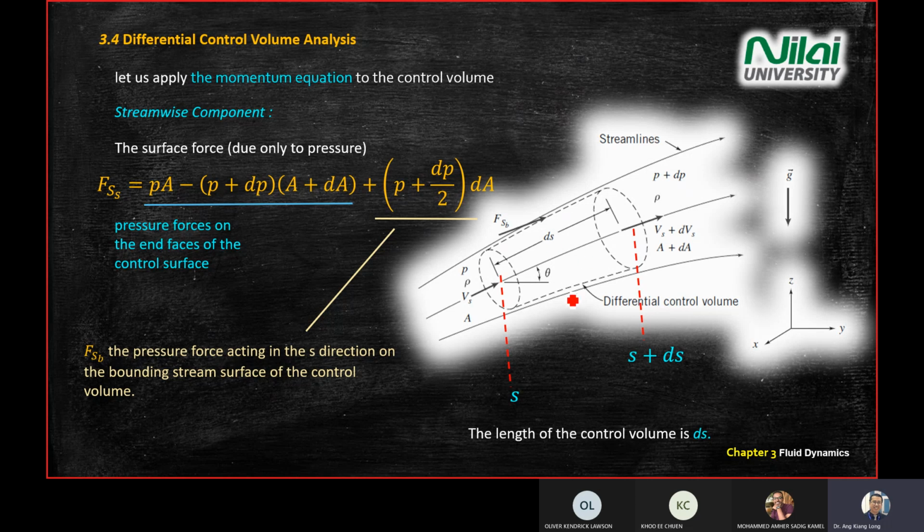Previously we considered a pipe, or a moving body through a channel, so we didn't have this component. Today we look at something happening within the streamline, so we have something that bounds the control volume. We will consider this term here: P plus dP divided by 2, dA.